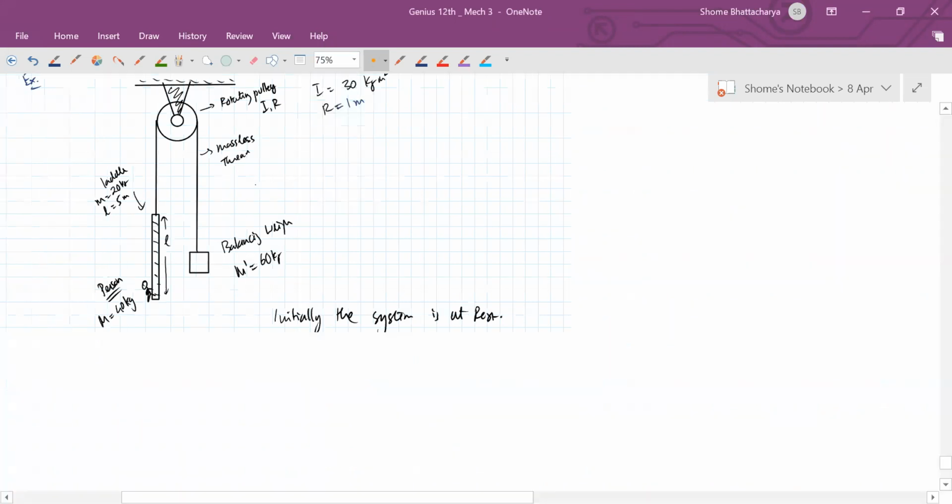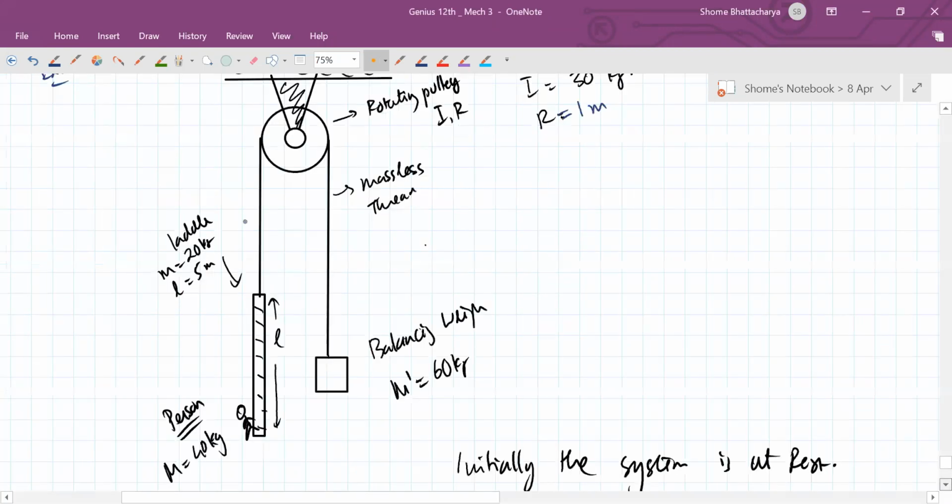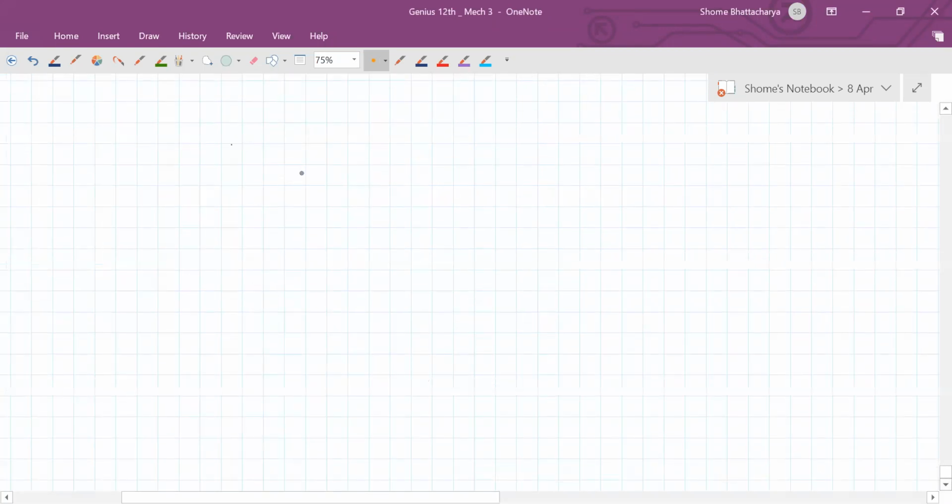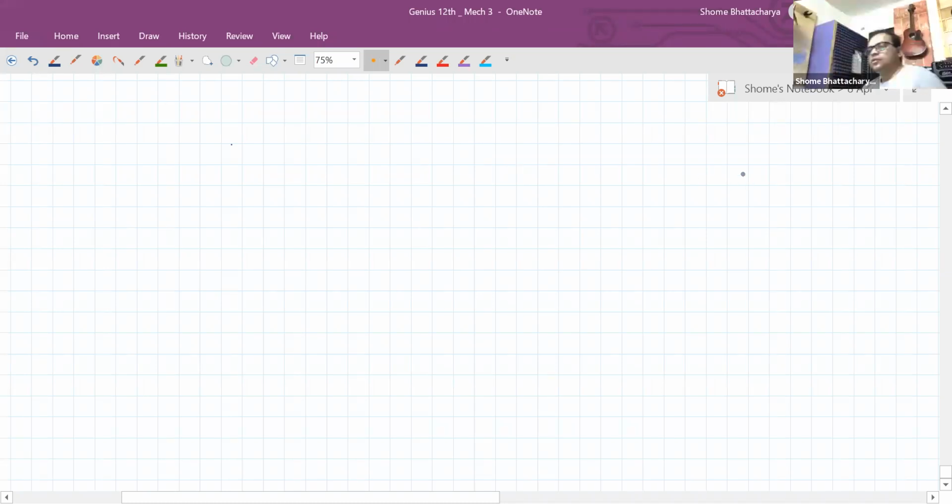Okay, so we will take a look at this question by two approaches. One is the impulse momentum concept.